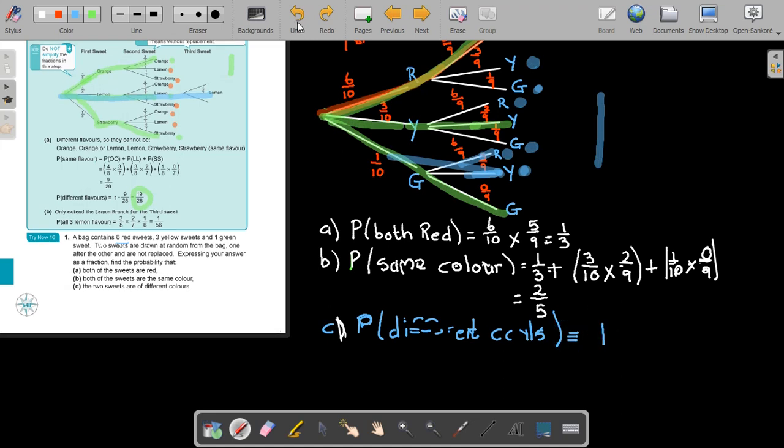It's just going to be 1 minus that 2 over 5, which is the same color, representing the same color. And the final answer will be 3 over 5.